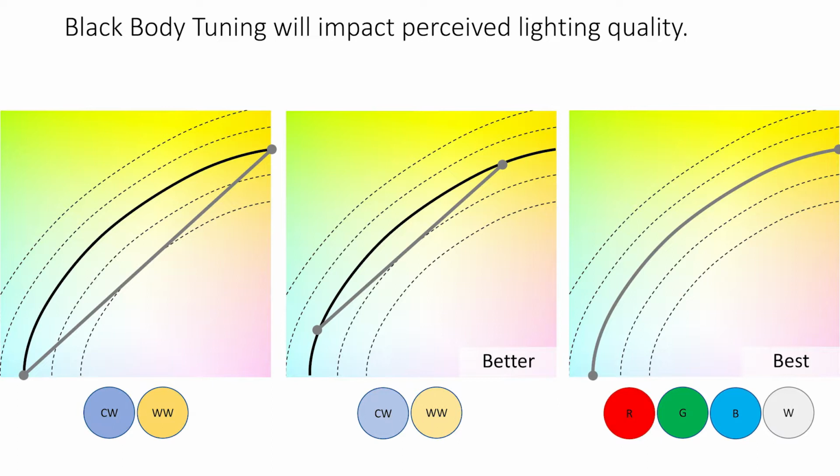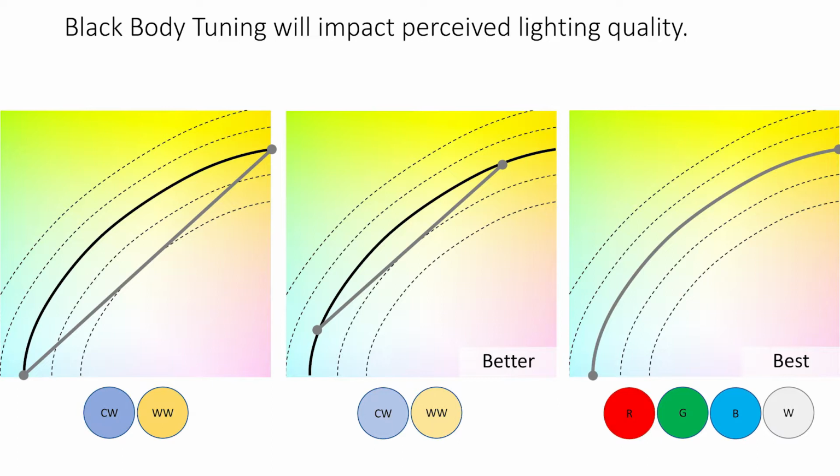Now, if I chose my fixture a little bit more intelligently, maybe I don't need 10,000 Kelvin and 2,000 Kelvin. I need 3,000 and 5,000. What it would mean is that the line I go on follows the black body curve more closely, and you wouldn't drop into that region of purple.